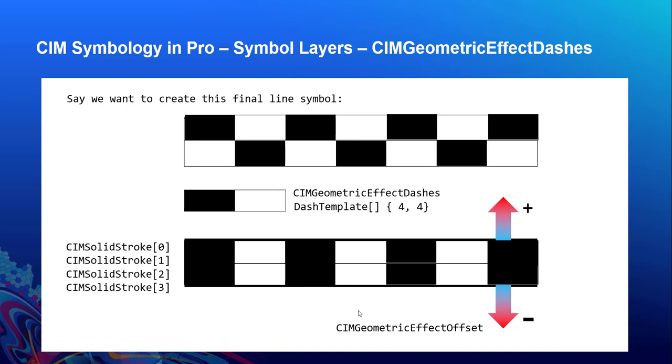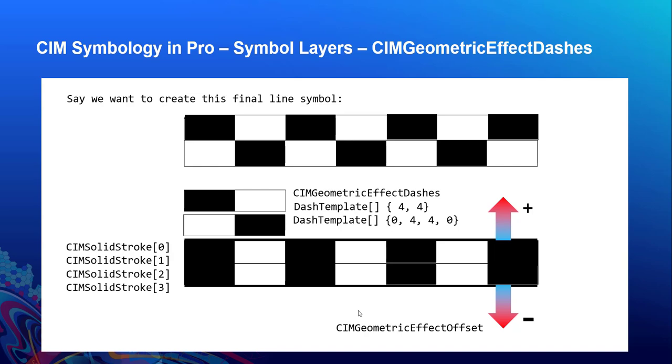So to get the offset, I could use one of those line ending values like full gap. I could use offset along line, but if you remember, I showed you that technique whereby we can use the dash template to get our offset dash pattern. And so that's what I'm going to use here. To Sim Solid Stroke 1, I'm going to apply a dash template of 0, 4, 4, 0.